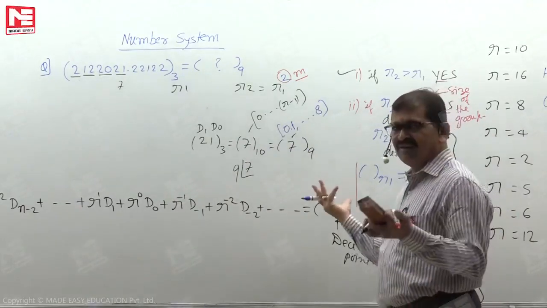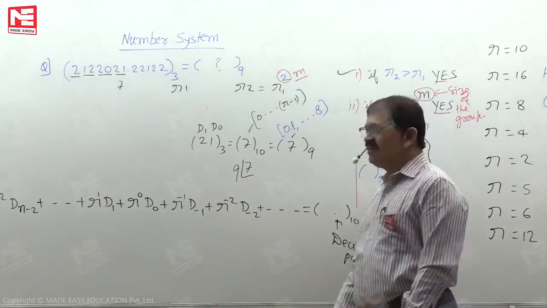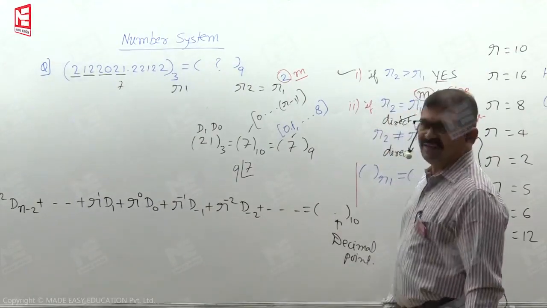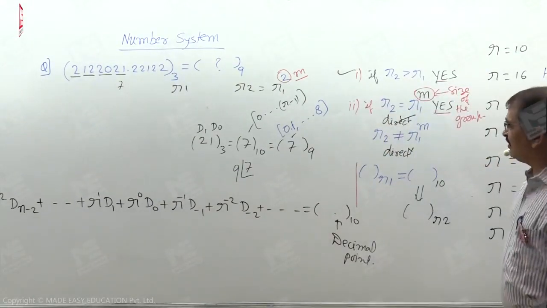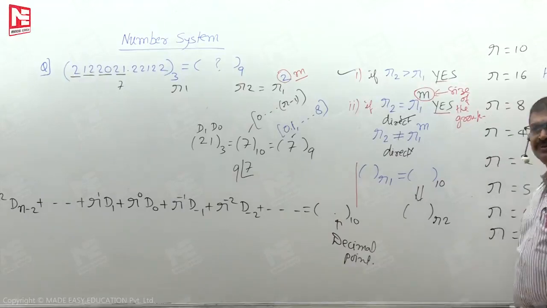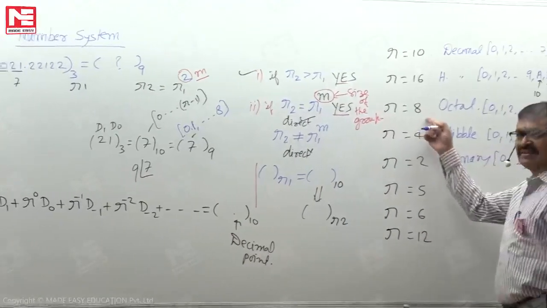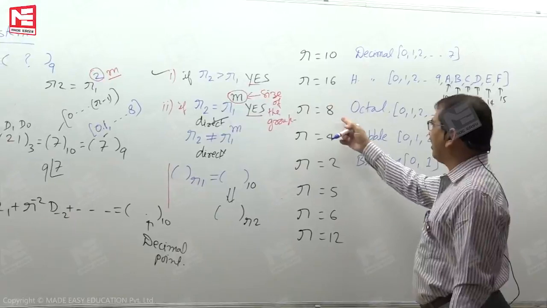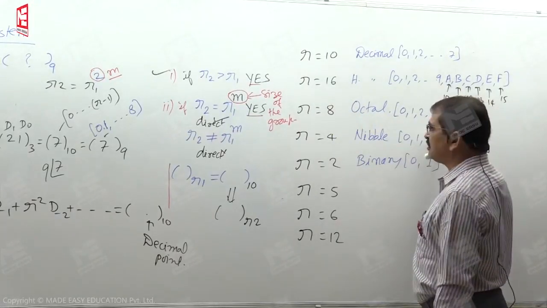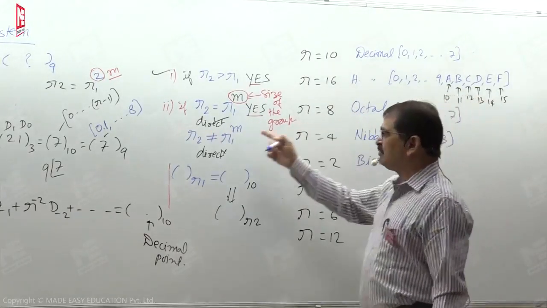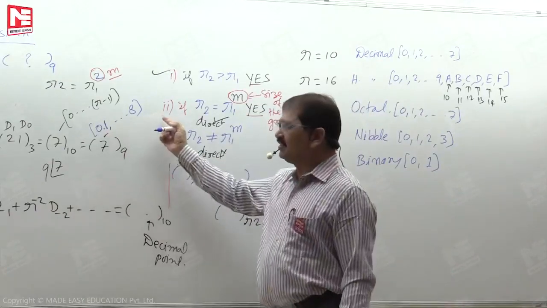It is knowledge of the number system that we are using. When I have a number with the radix of 9, the digits will be only 0 to 8. Say for example, in the octal number system, the digits are 0 to 7. If the number system is 9, the digits will be 0 to 8.